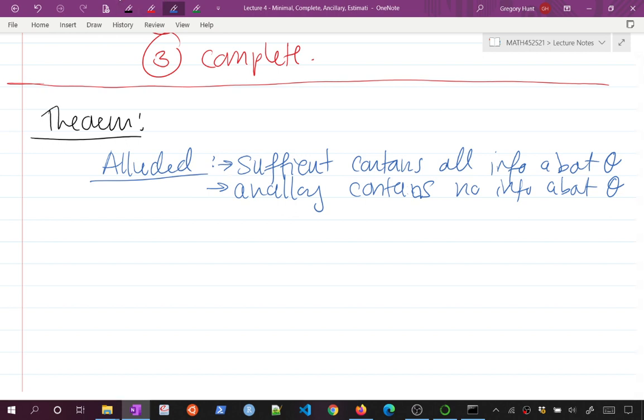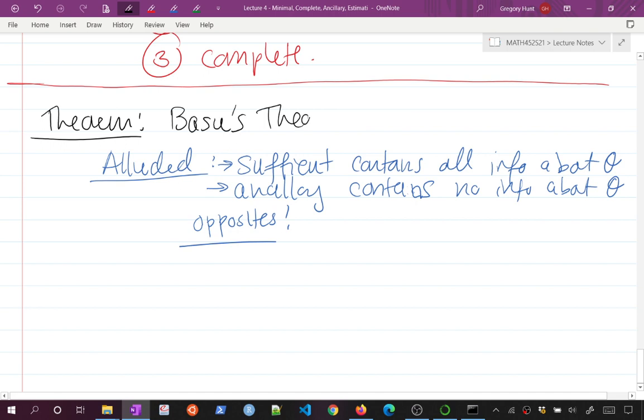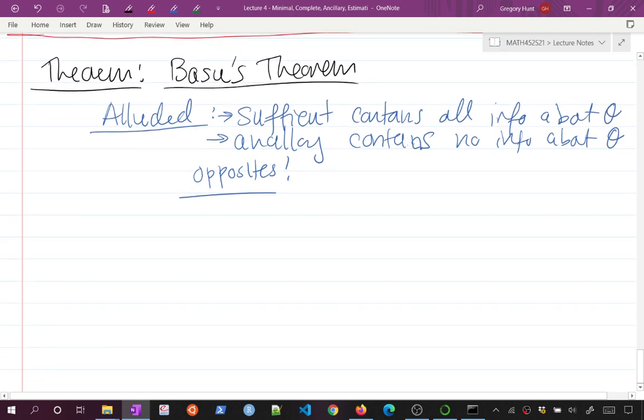And so somehow these are opposites. And the theorem, which is called Basu's Theorem, mathematically or statistically codifies this.